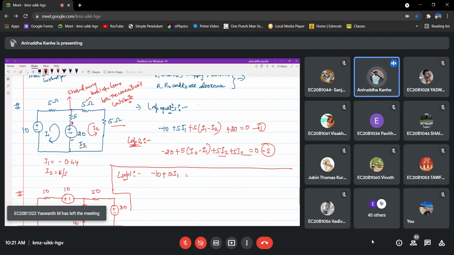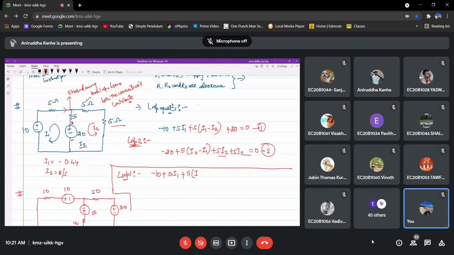So both the current directions are same with respect to the 5 ohm, the loop current directions, and hence we can write it as 5 into, can anyone suggest what we can write? See, from here it is coming as I1, from there it is coming as I2. So obviously in order to solve the KCL, it should be additive in nature. So I1 plus I2 will come. Plus 20 is 0.